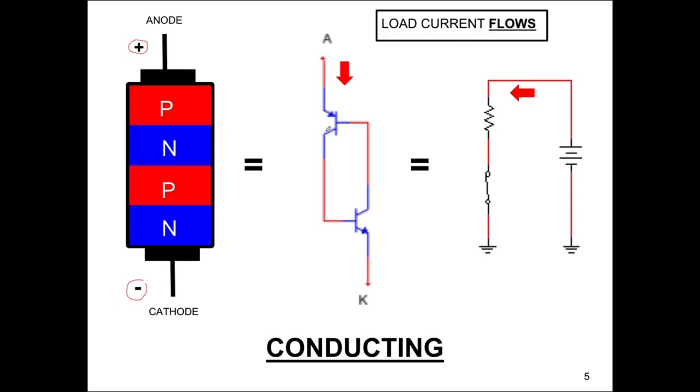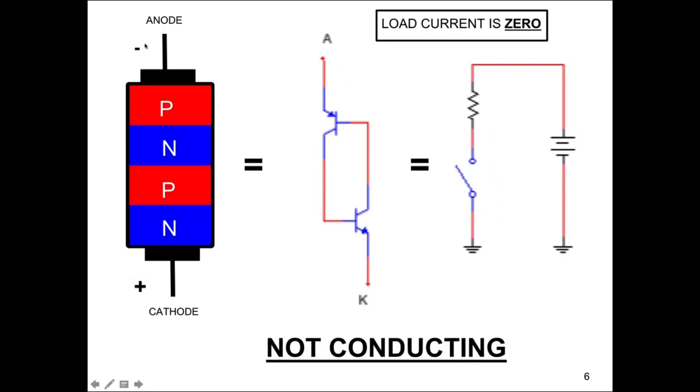This will then act like a closed switch to provide base current down to this transistor, which will provide current from collector to emitter for the lower transistor. So when it's conducting, it looks very similar to a closed switch, remembering always that there's a forward voltage drop. It's typically not greater than 1 volt. So it's not exactly like a mechanical switch, as we talked about last term with the transistors, but it's pretty close.